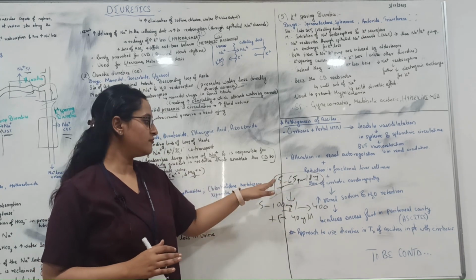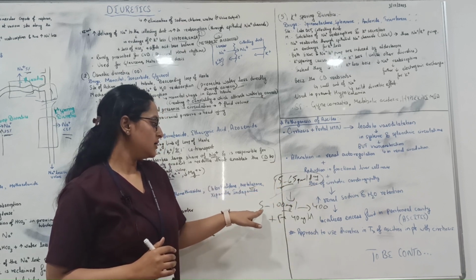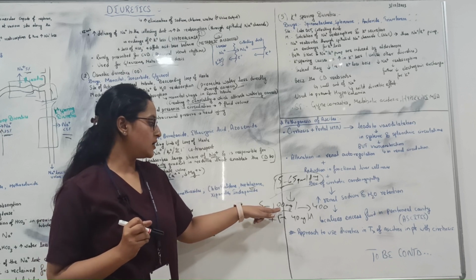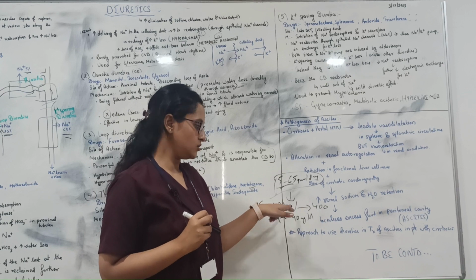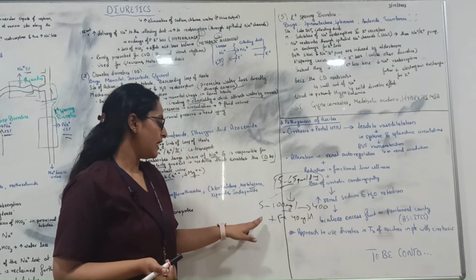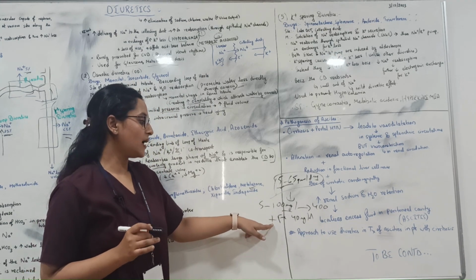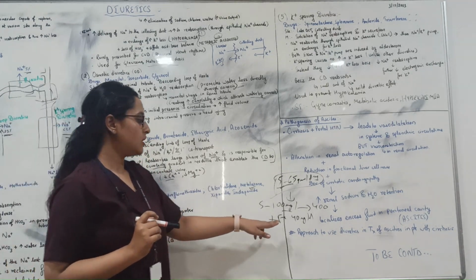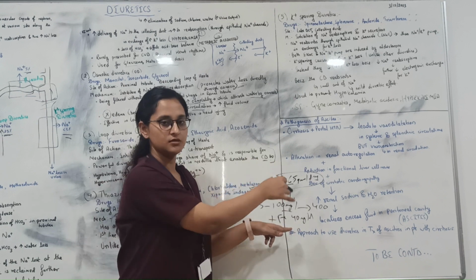We start with the first-line treatment, spironolactone, at around 100 mg, which can go up to a maximum dose of 400 mg. If the response is suboptimal, we add the loop diuretic furosemide, around 40 mg, with a maximum dose of 160 mg.